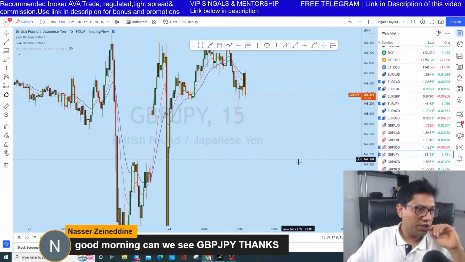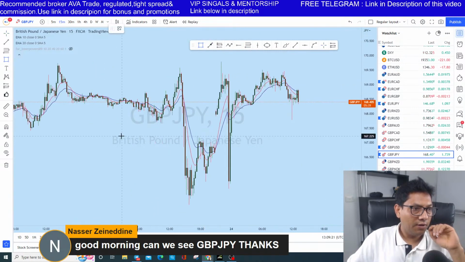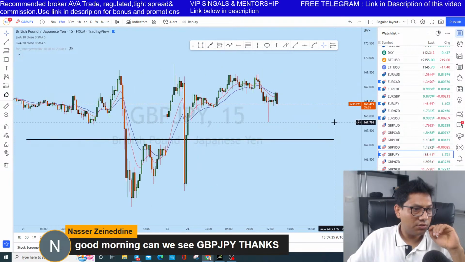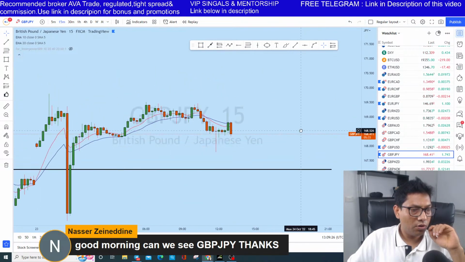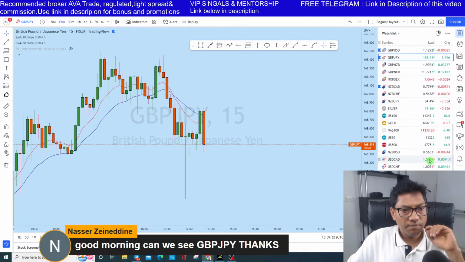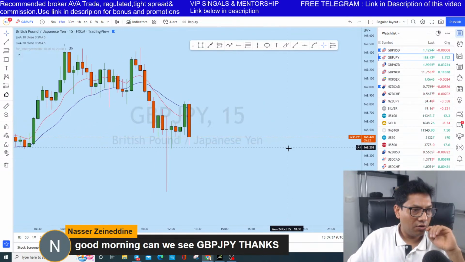So what we could see on GBP, what I think is that AD is coming back to this neckline to test this support as a resistance, this resistance as support. So yeah, this is a bearish engulfer.